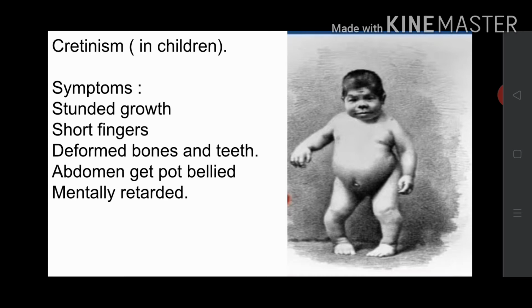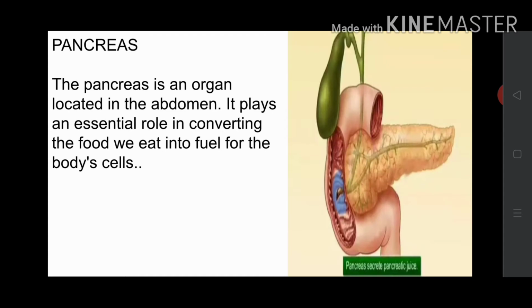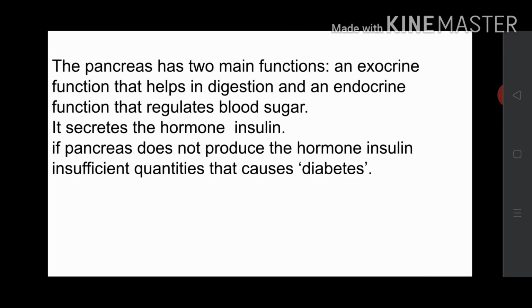Next type of gland is pancreas. It is an organ located in the abdomen just below the stomach. It plays an important role in converting the food we eat into fuel for the body cells. Pancreas secretes pancreatic juice. This pancreas has two main functions. First, an exocrine function, and second, an endocrine function.